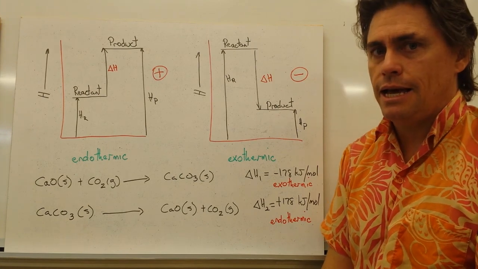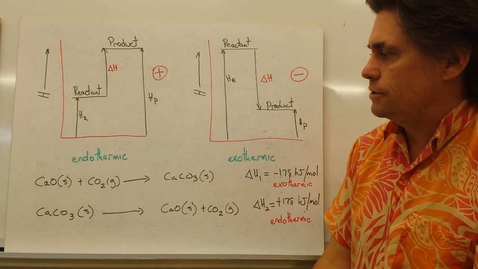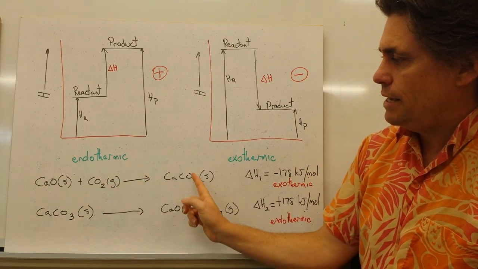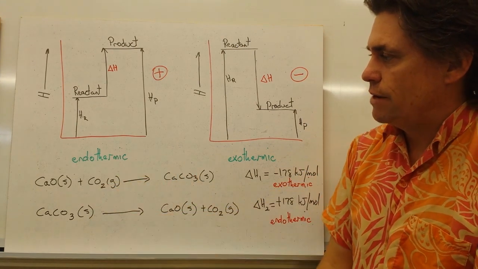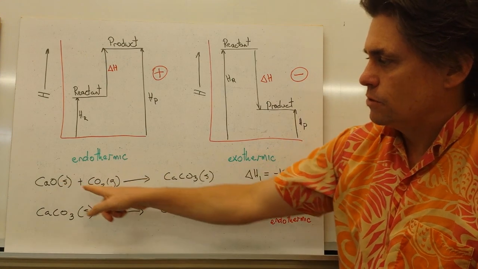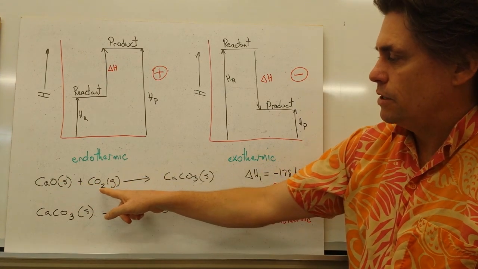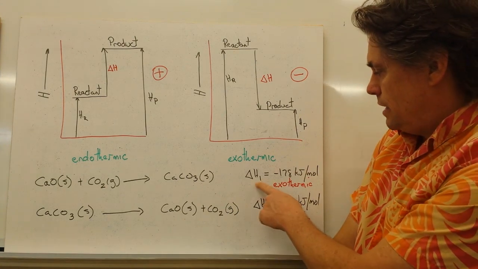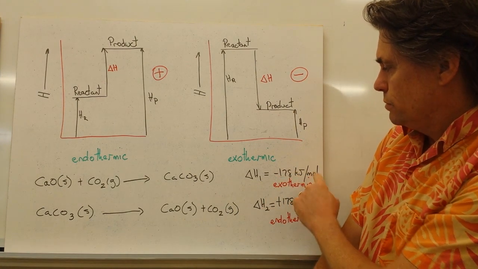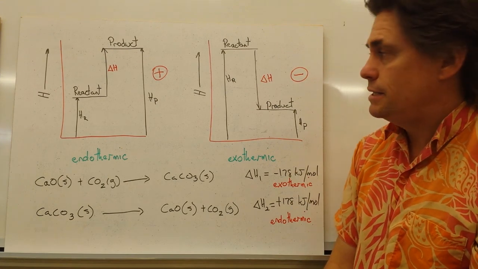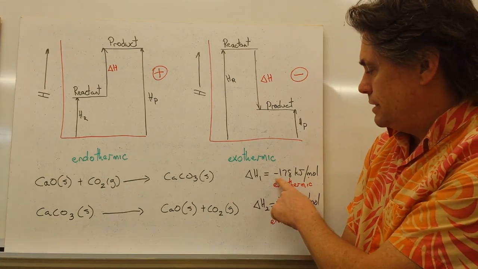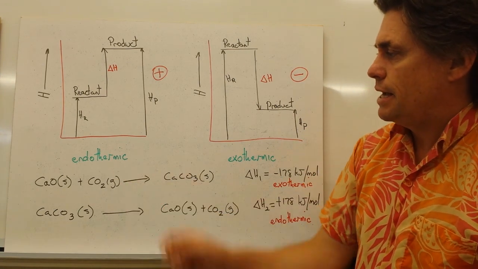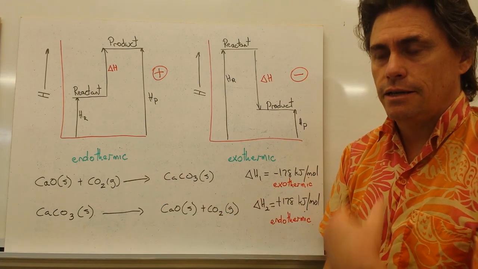So how does this play out in terms of chemical reactions? I have a chemical reaction here, and I've got it going one way, and I've also got the reverse direction. So our calcium oxide plus carbon dioxide gives us calcium carbonate, and our delta H value is minus 178 kilojoules per mole. Now, we already said if the delta H value is negative, we have an exothermic reaction. So this particular reaction will give heat out.